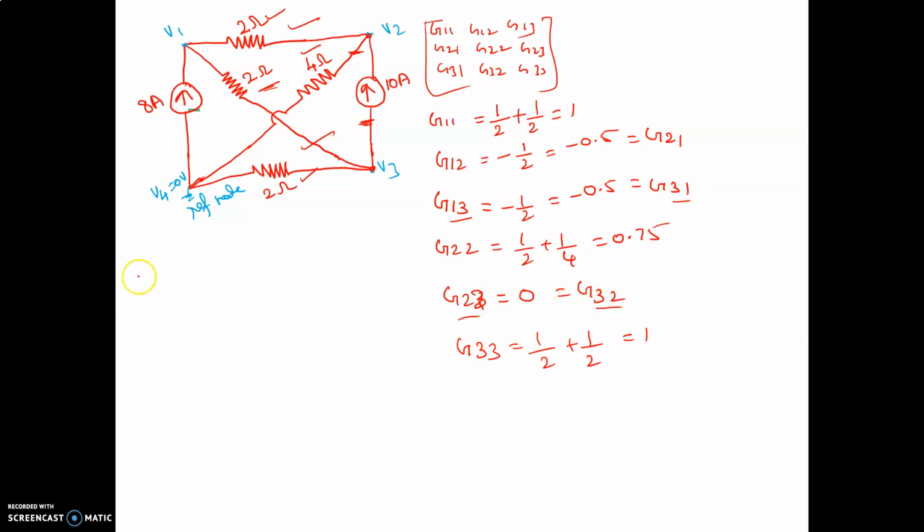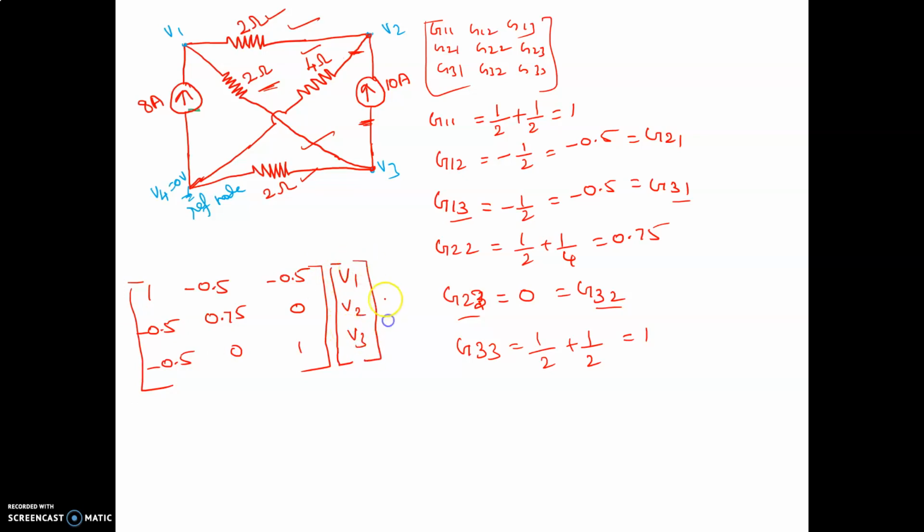So the value of G11 is 1, G12 and G13 are minus 0.5, and G21 is minus 0.5. Then 0.75, 0, minus 0.5, 0, 1. This is our conductance matrix, multiplied by the unknown voltage matrix V1, V2, V3, that is equal to the current matrix.